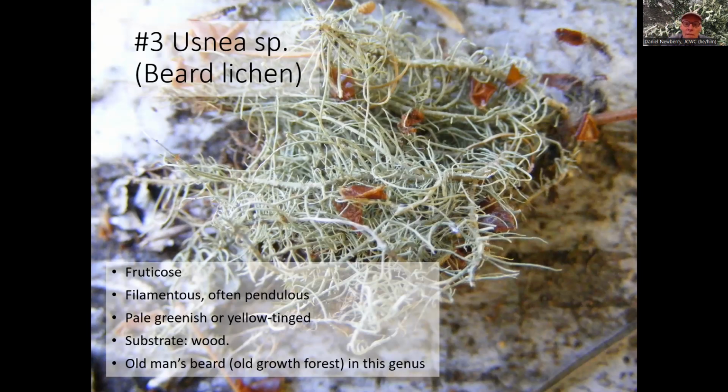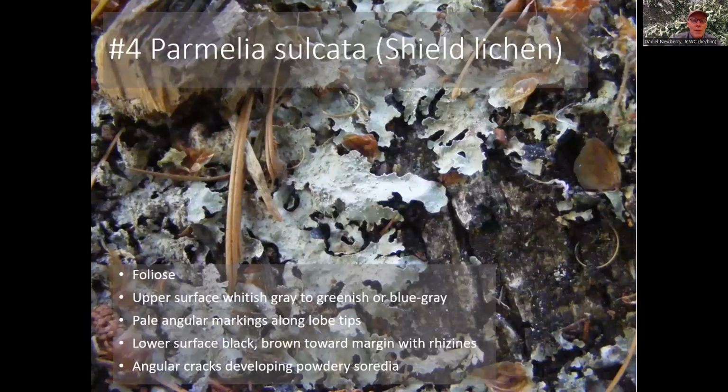Most of these have that central cord with the side branchings on it. They're pale greenish, sometimes yellowish tinged. They're attached at a single attachment point on wood, and they often are dangling. So that's beard lichen. Scientific name of the genus is Usnea.